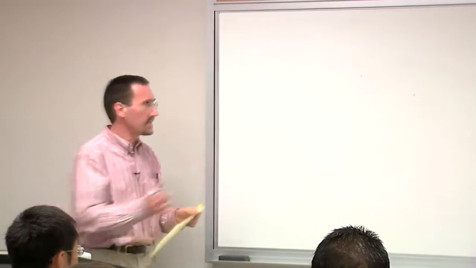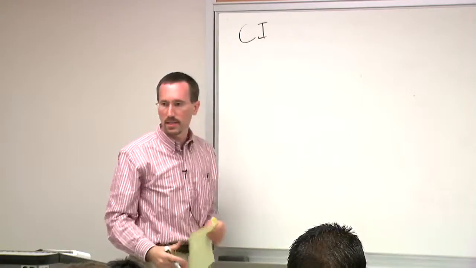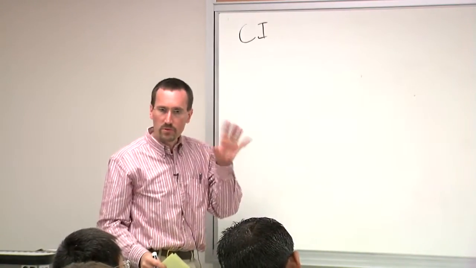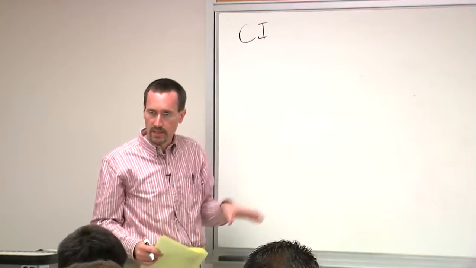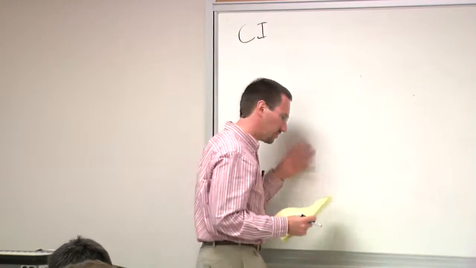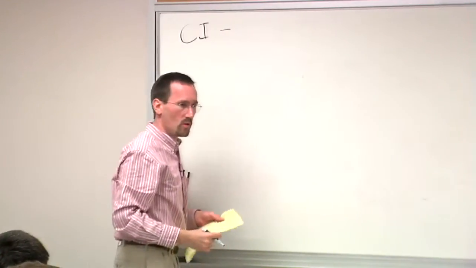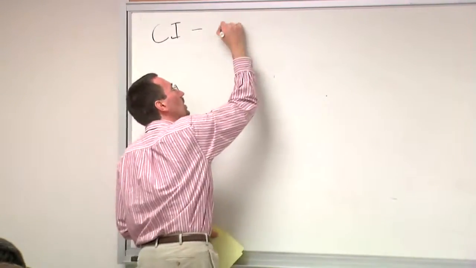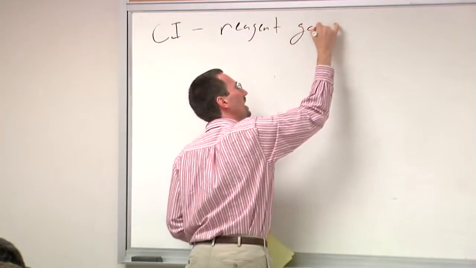All right, so the gist behind chemical ionization is that a reagent gas is going to be used to protonate the molecule. You're going to put a proton onto the molecule. Sometimes it'll be another ion, but you'll do so with a reagent gas. What you're doing is first ionizing the reagent gas.